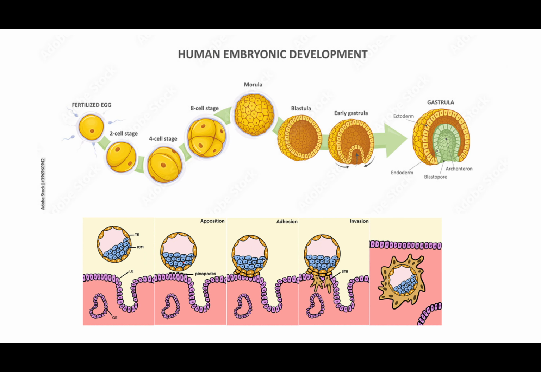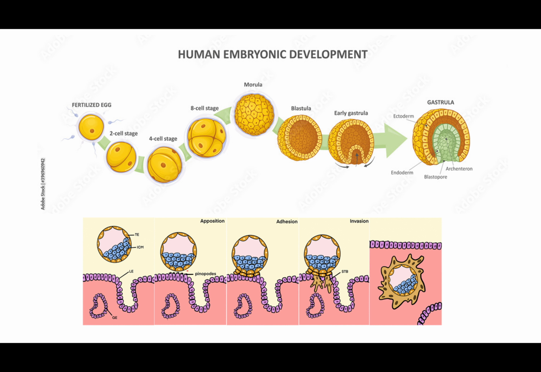So along the way in embryonic development, we have the creation of the morula and the blastula, and then that will form a blastocyst. The blastocyst will now be attached to the endometrium. Remember, it has the cells in the middle and then the trophoblast on the outside.